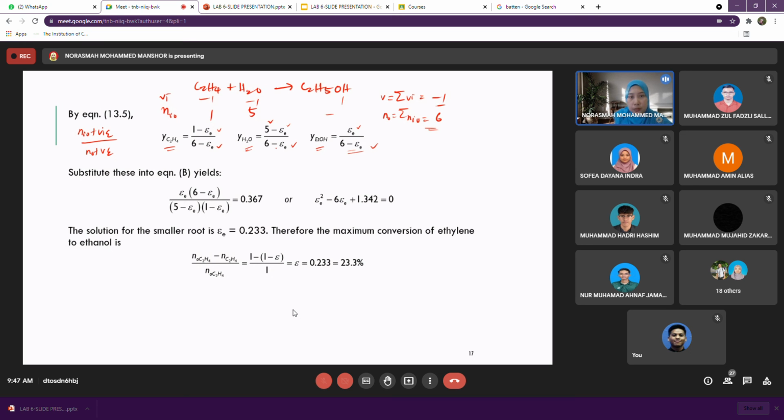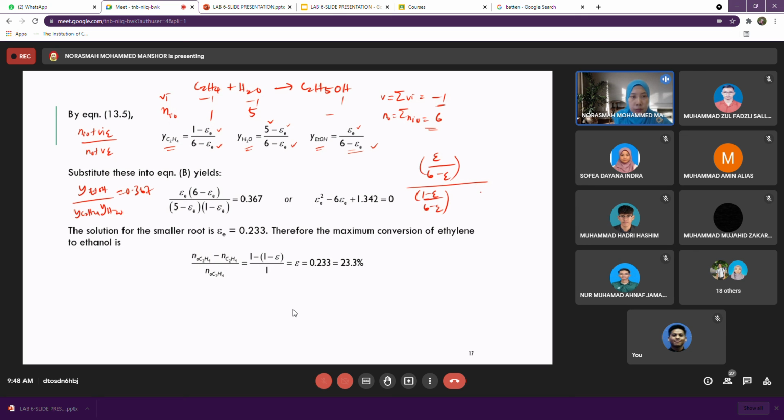Okay, dan you masukkan setiap Y ni dalam equation B tadi. Okay, Y ethanol, YC2H4, Y H2O sama dengan ni kan tadi. Okay, you masukkan setiap satu. Okay, epsilon over ni. Okay, YC2H4 now 1 minus epsilon over ni.